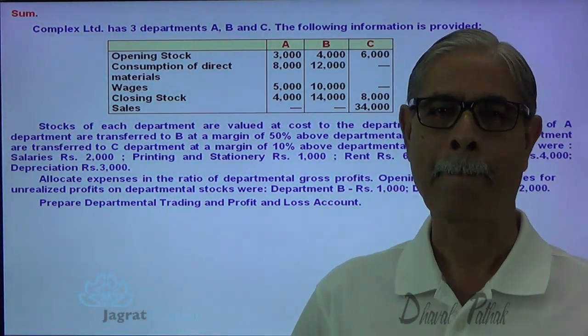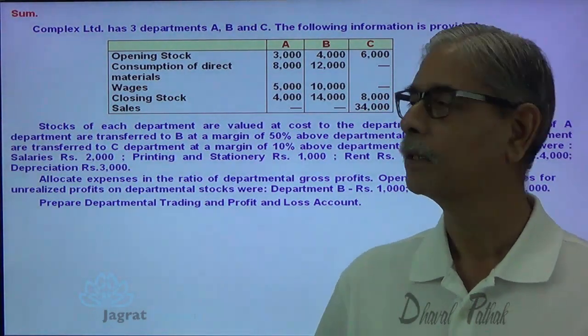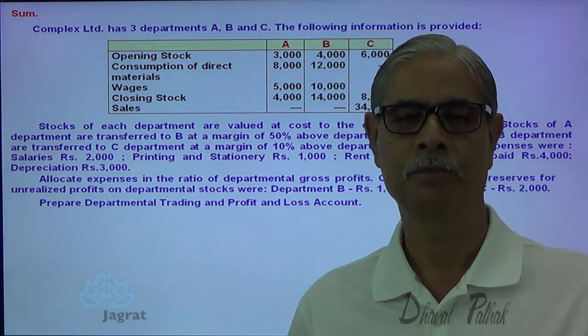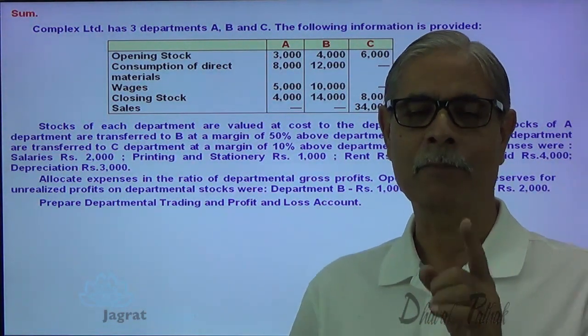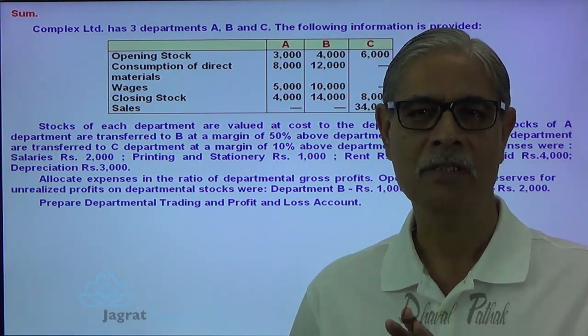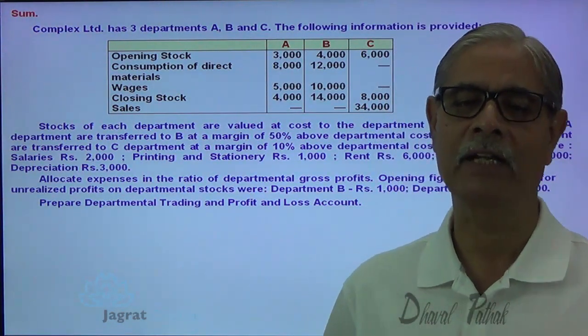Now see. Opening stock is given to you, unrealized profit is given to you. When the goods are transferred from one department to another at cost, there is no question of unrealized profit.